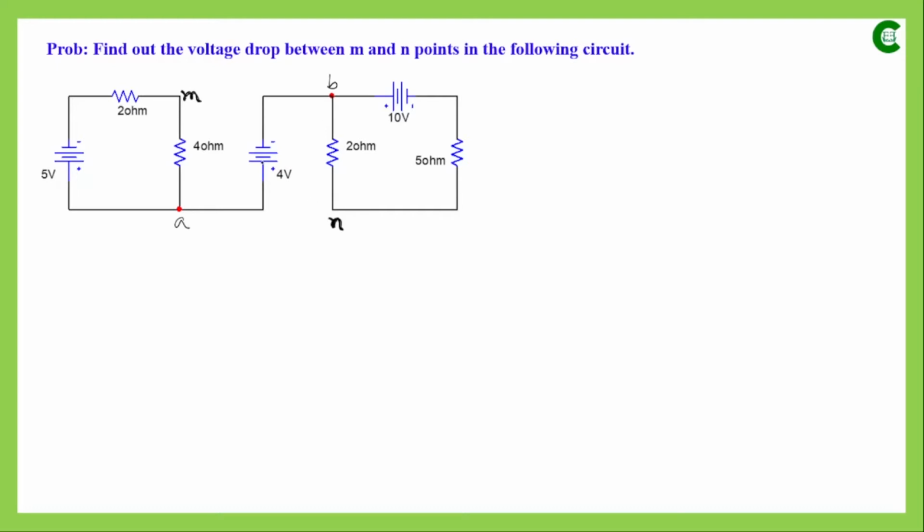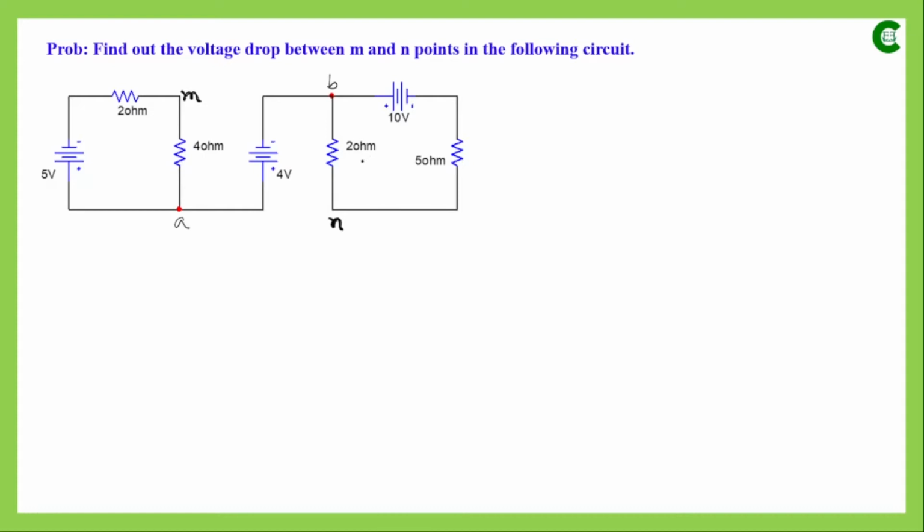What we can see is that between these 2 points we have 3 components. One is a resistor having resistance 4 ohm, connected between M point and A point. Then between A point and B point there is a voltage source having voltage value 4 volt. And then between B point and N point there is another resistor having resistance 2 ohm.